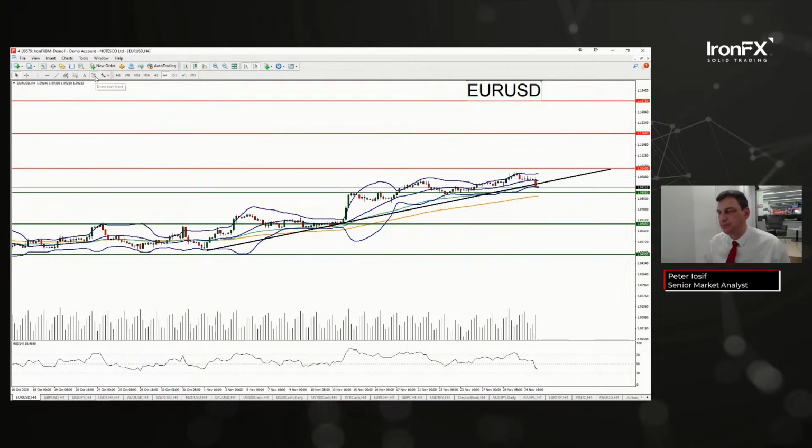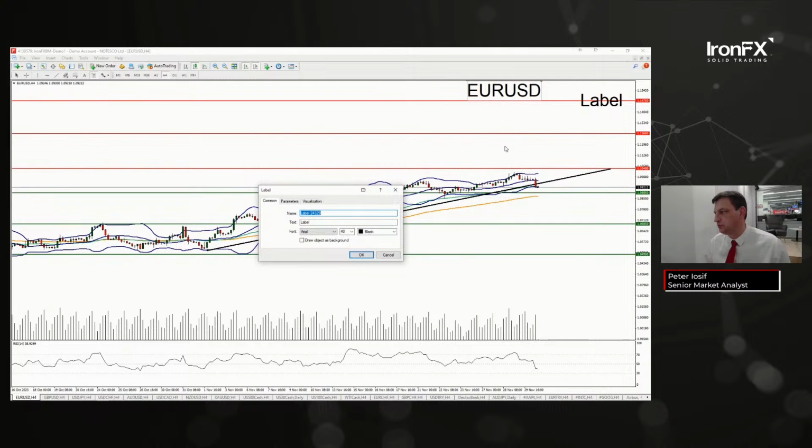Let's also place some labels on the resistance and support lines, starting with the resistance. 1.1475 being the R3, in red.